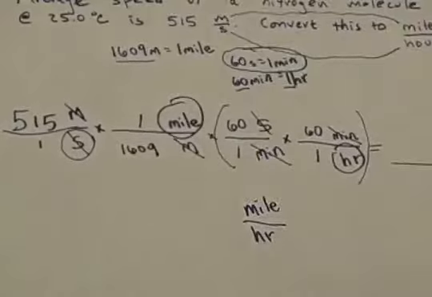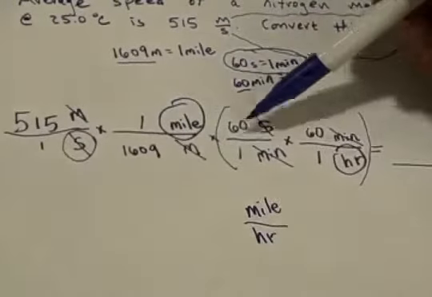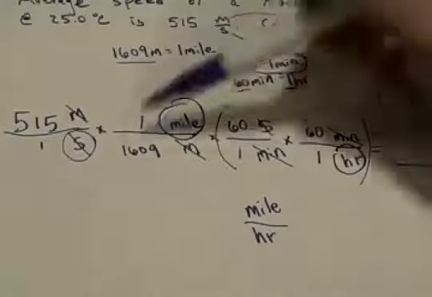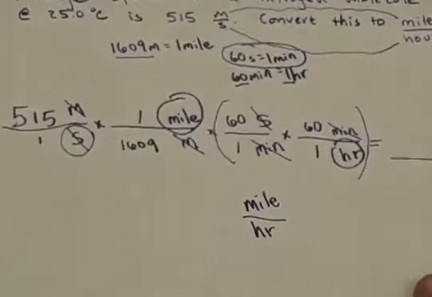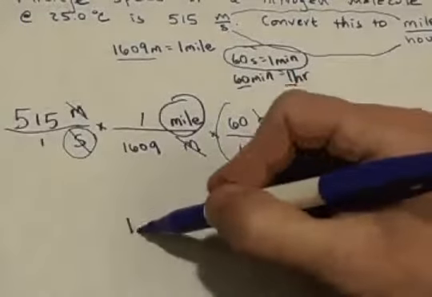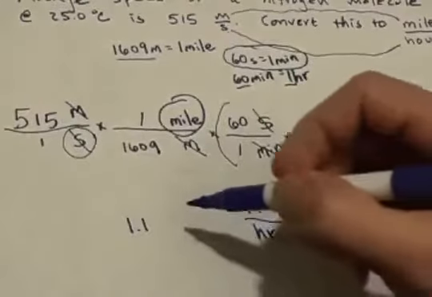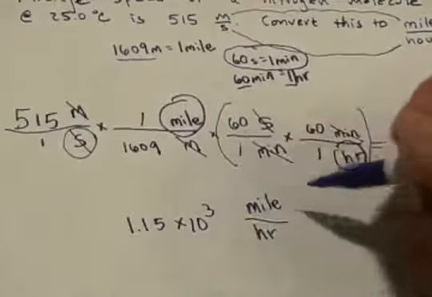Now on your calculator you can take 515 times 1 times 60 times 60 divided by 1609, or whatever order of operations, as long as you keep them straight, you want to go through. And if you do this, you end up with approximately 1.15 times 10 to the third miles per hour.